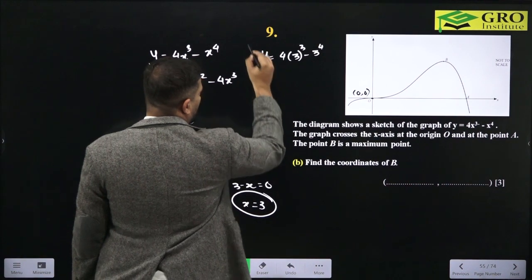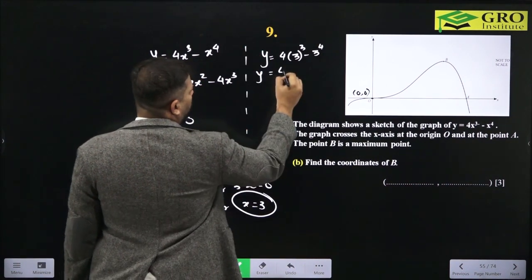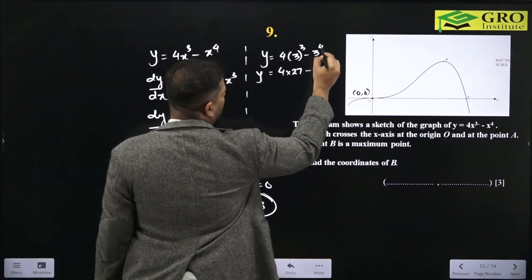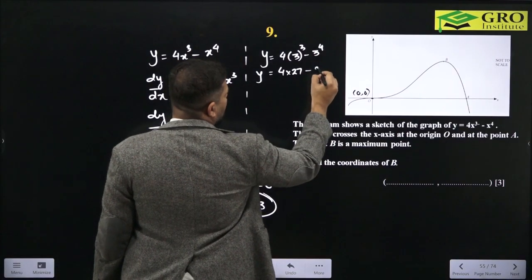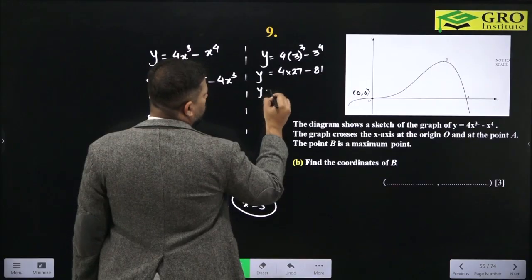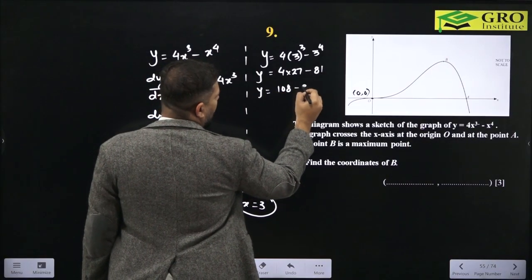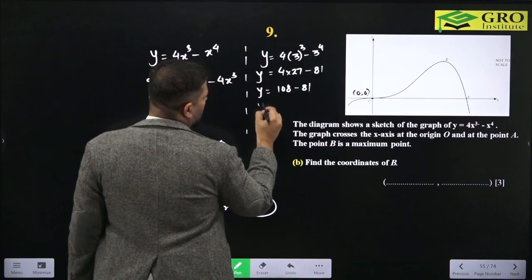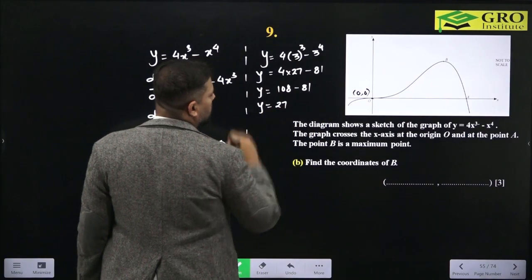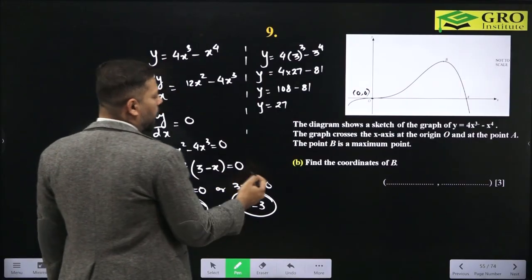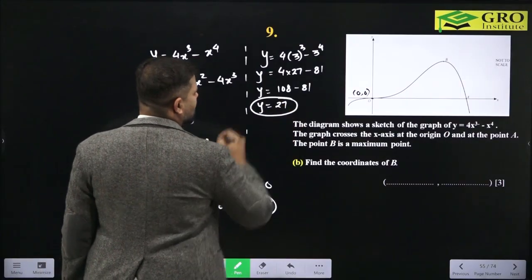Let us quickly solve it. 4 multiplied with 27 minus 3 raised to power 4, which is nothing but 81. So 27 times 4 is 108 minus 81. So y comes out to be 27.